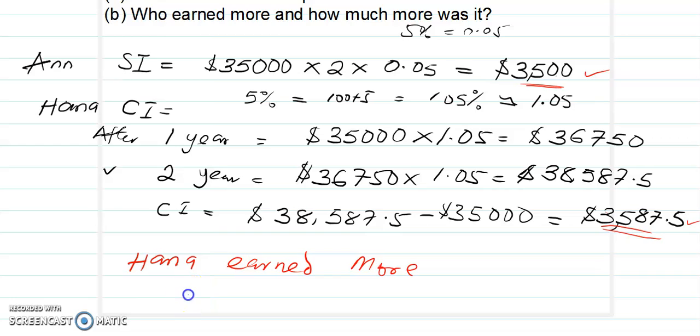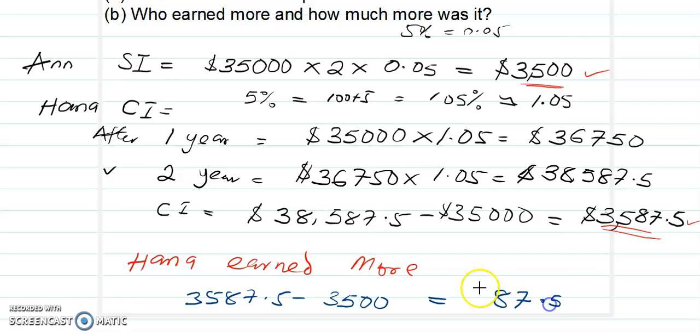So if you subtract both of them, we have 3,587.5 minus 3,500. That gives us 87.5. So 87.5 is how much more Hannah has than Anne. So it is more beneficial to calculate in compound interest than in simple interest.